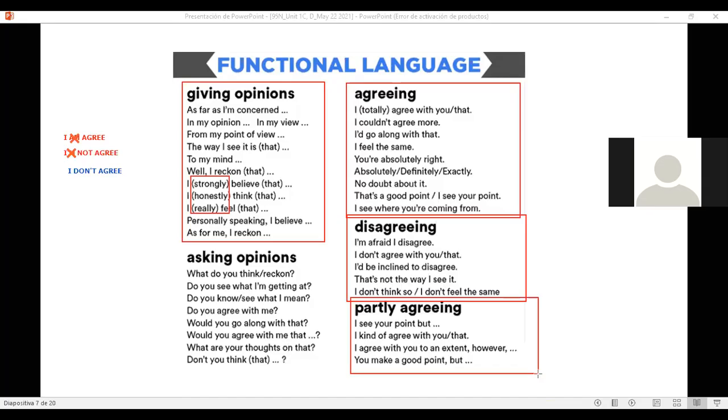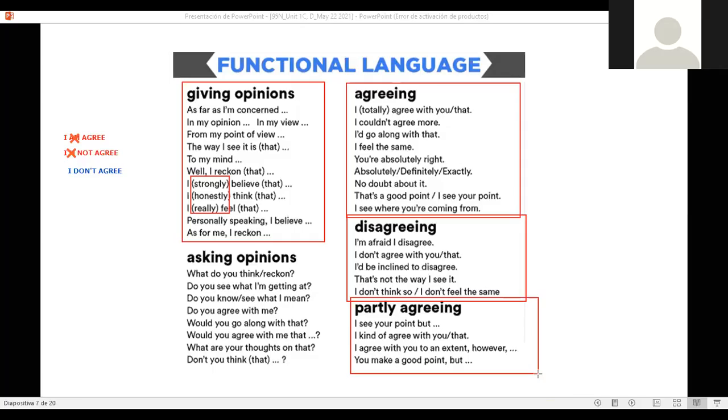So when you are partially agree, you can use these phrases. I see your point, but ¿sí? Veo tu punto de vista, pero tal vez vamos a opinar algo diferente. I kind of agree with you that. Yo un poco estoy de acuerdo contigo en este aspecto, ¿sí? I kind of agree. I agree with you on an extent or however, ¿no es cierto?